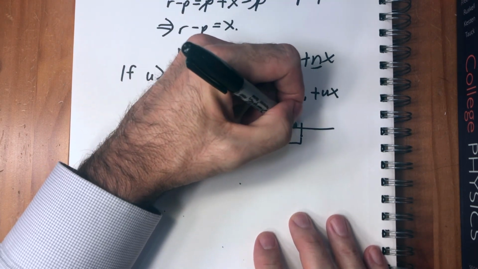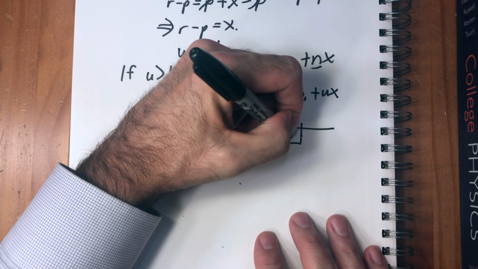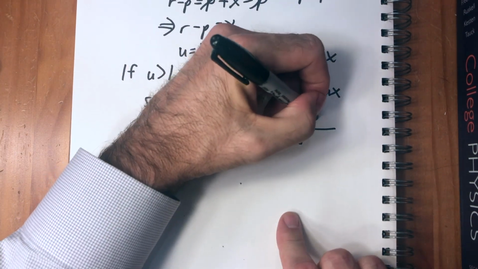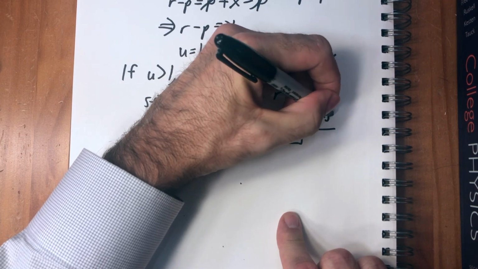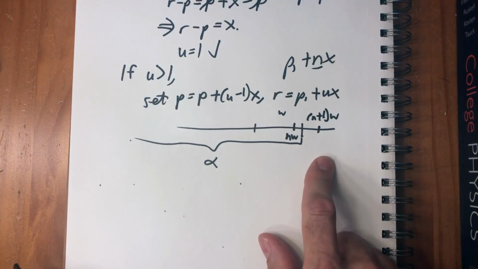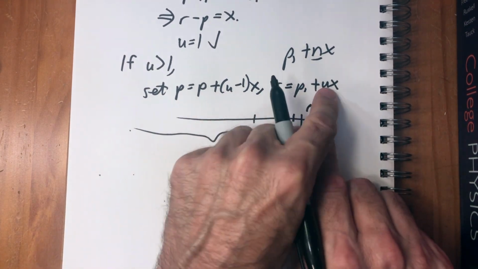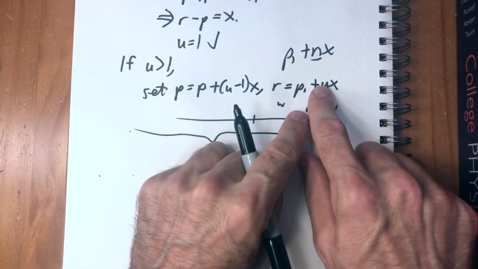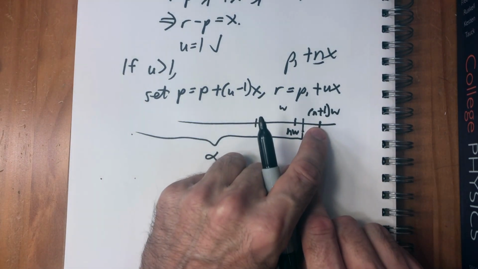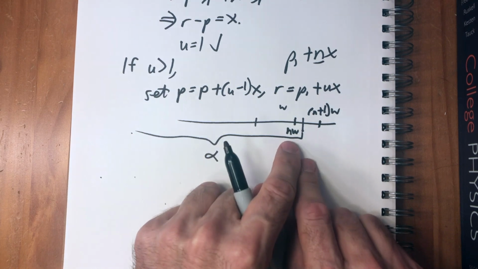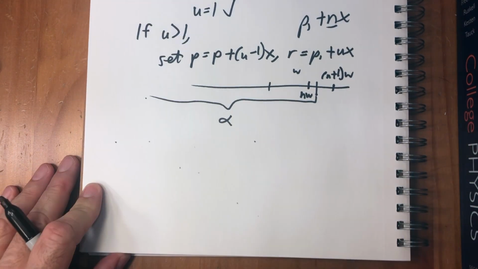And then we established that there was some nw that was just inside of alpha, such that (n plus 1)w was just outside of alpha. So we've done the same thing here. We minused instead of plussed. But there's some number that's just outside of alpha, and if you subtract 1 from it, it's going to be just inside of alpha.